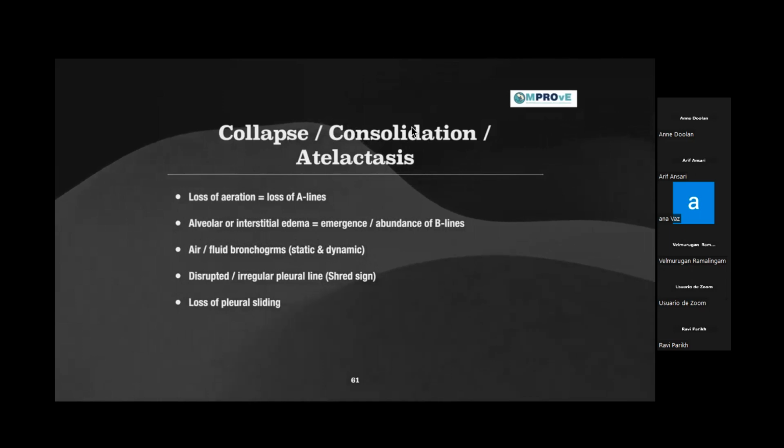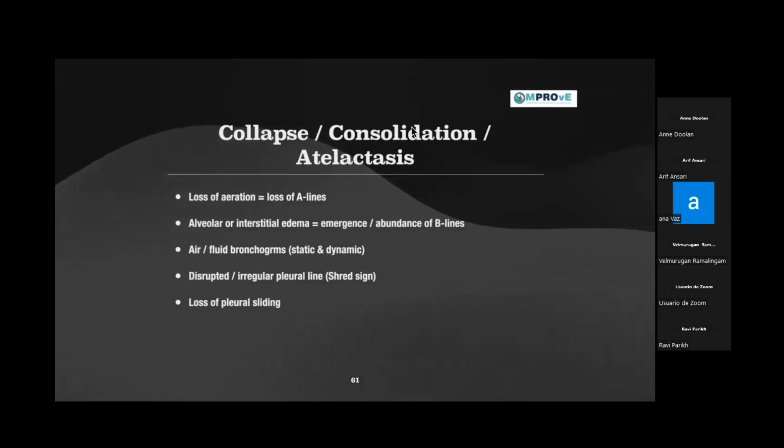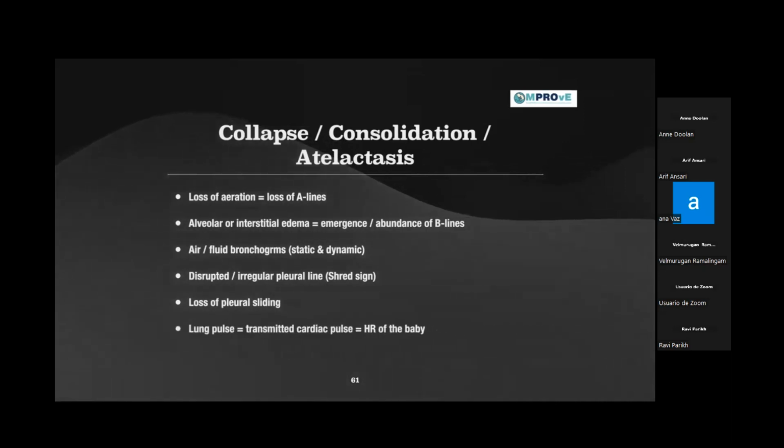If it is just the beginning of this pathology and the area is getting consolidated, the process has started, you can still have some pleural sliding, but it will not be the best pleural sliding. So there will be paucity or reduced pleural sliding. And by the time it is fully mature consolidation, thick, there's no air movement at all, absolute loss of pleural sliding. And then you can get a lung pulse.